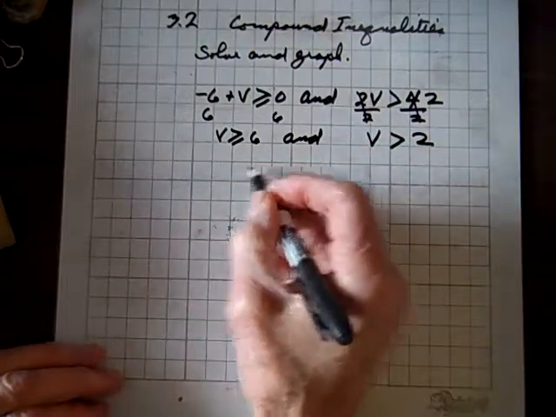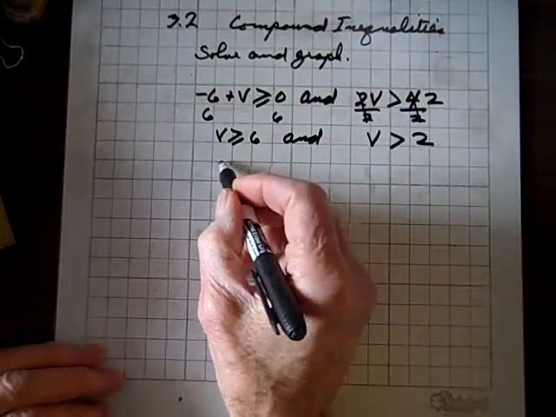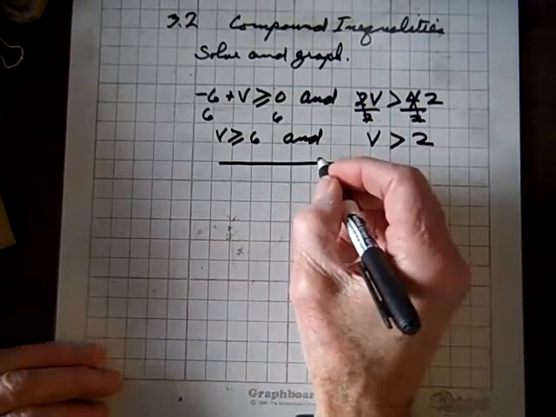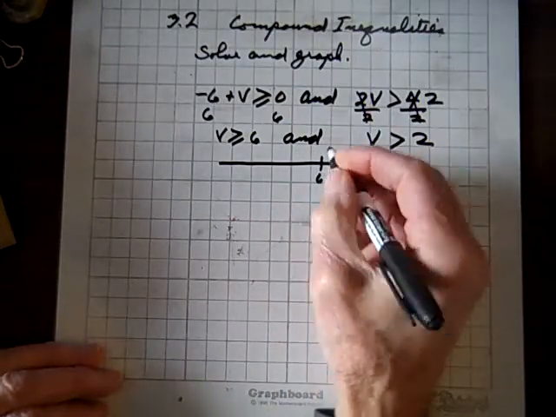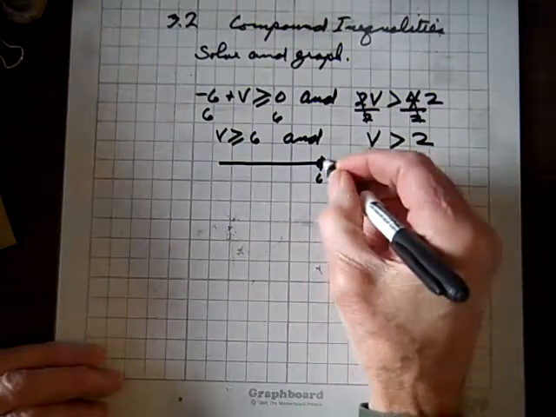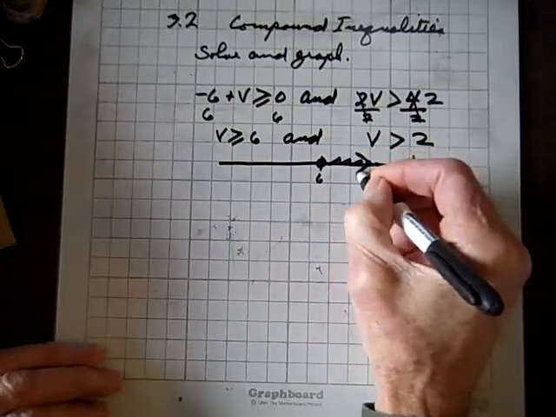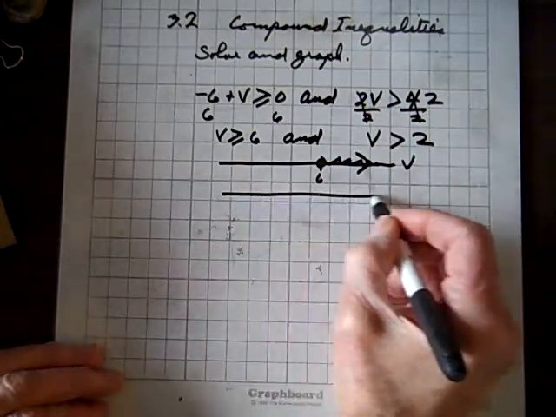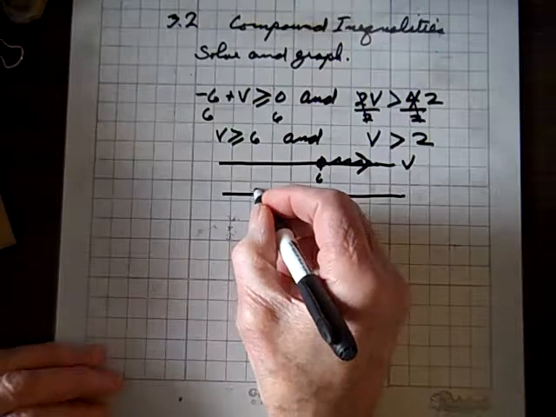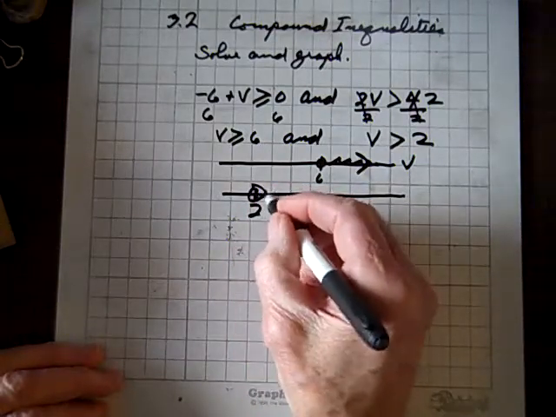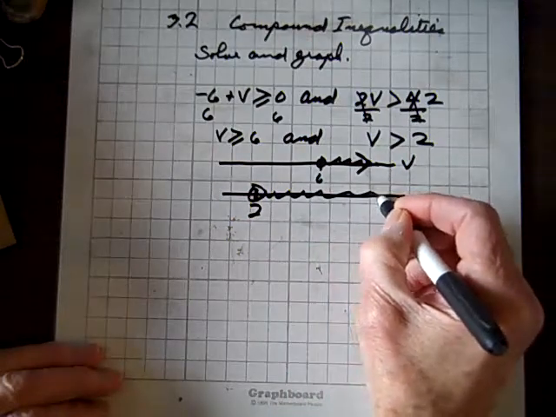So now let's graph. And for the first one, we'll make a hash sign at 6, solid circle, and v is the variable and everything to the right. For the next one, we'll graph that, and 2 is down here. We'll put an open circle there and everything to the right.